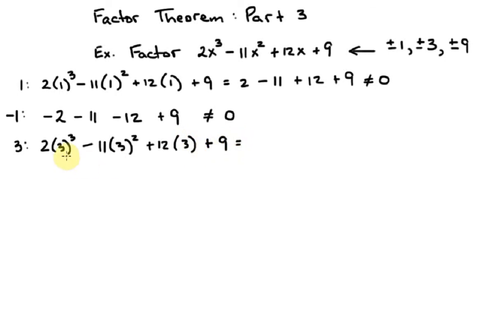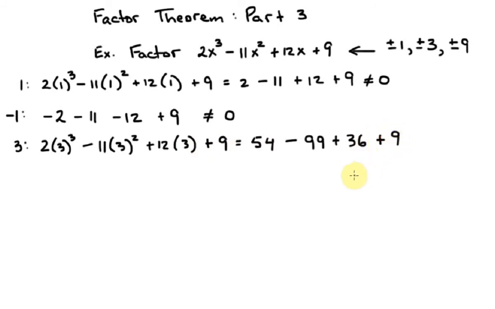You can see this is the grunt work of this, unfortunately. So let's see what we get here. 3 cubed is 27 times 2 is 54. And then I have minus 11 times 3 squared, so 11 times 9, which is 99. Then I have plus 12 times 3, so that's 36. And then I have plus 9.